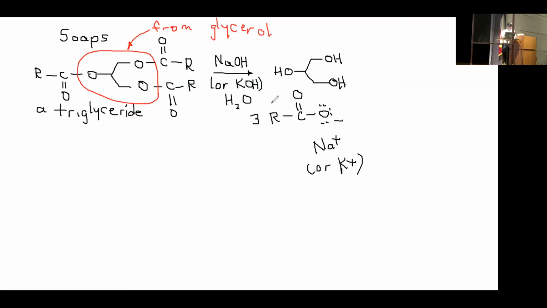And it's these fatty acid salts, these things, that are what we mean by a soap. And again, sometimes they leave the glycerol in there, sometimes they don't. But it's these fatty acid salts that are what we mean when we refer to soaps. And so, yeah, I think that's about all I need to say about that.